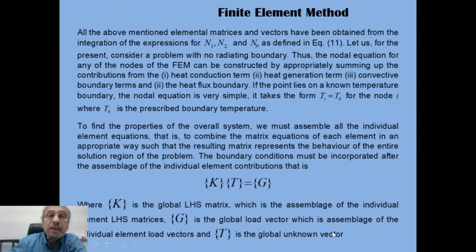global unknown vector. As I mentioned earlier, each node we are identifying as 1, 2, 3, either 1 or 2 or 3, based on an element. But all these nodes, if we globally count, maybe there are 150 such nodes. So one node has an identification as a global node number.